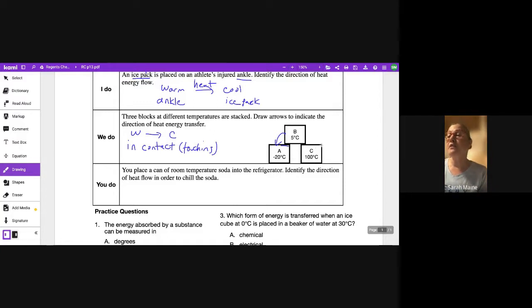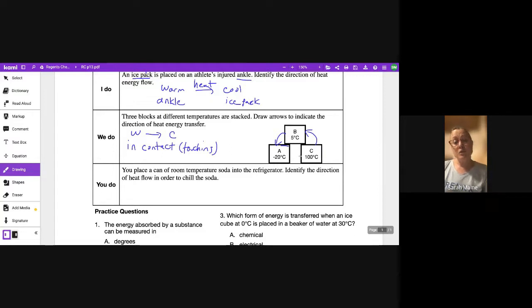So the direction of the arrow here would be from block C to block B. But we would not draw any arrow between A and C. Yes, they are two different temperatures, but they actually don't touch, so there is no transfer between blocks A and C.